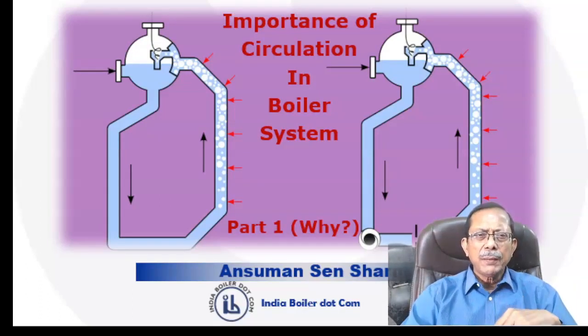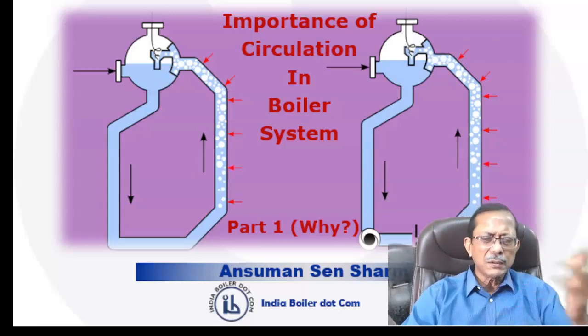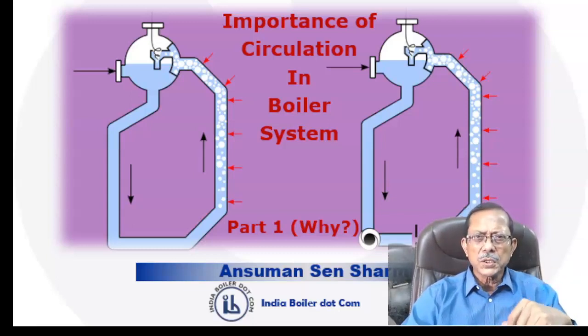And in part two, I'm going to talk about what makes the circulation possible, how the circulation is created, and of course the difference between natural circulation and forced circulation and once-through circulation system, where it is needed, and all those details.